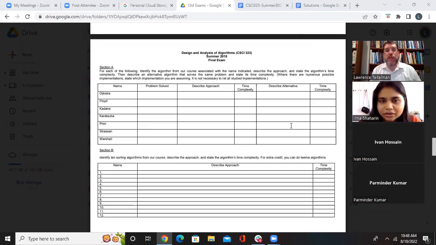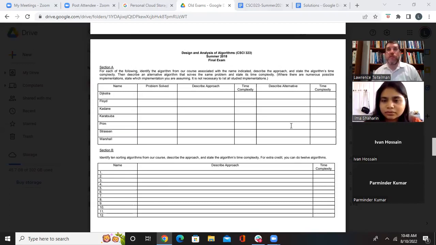Well, that really depends on your implementation. So we talked about 3 implementations. One of them was O of V squared. That's the adjacency matrix plus some kind of array for storing the keys. Using an adjacency table and a regular heap to store the keys got us down to O of E log V, or O of V log V plus O of E log V, but E log V is dominant.